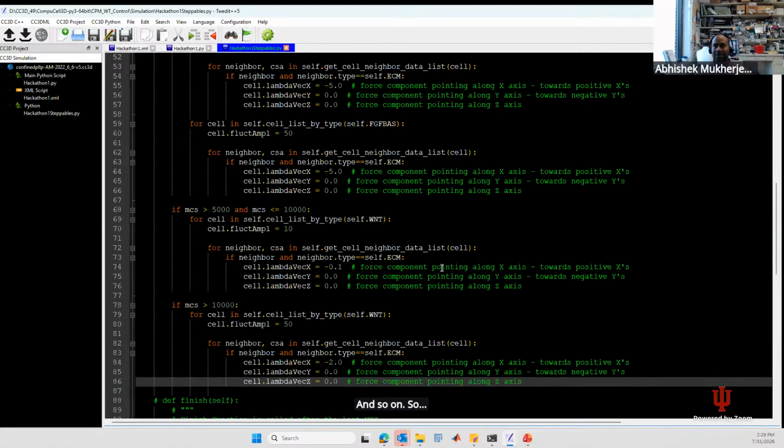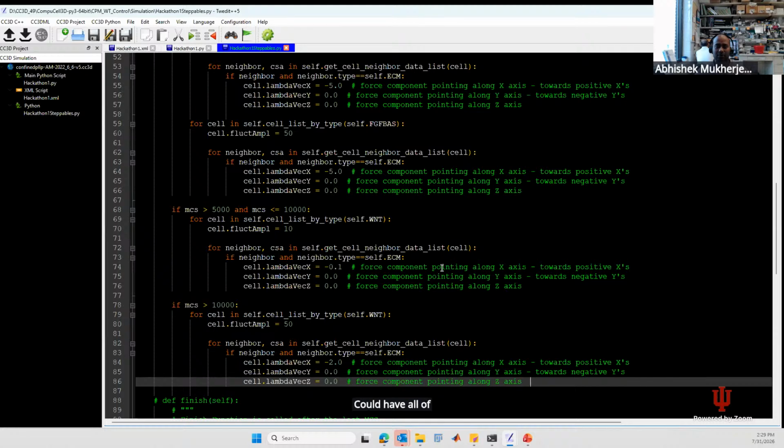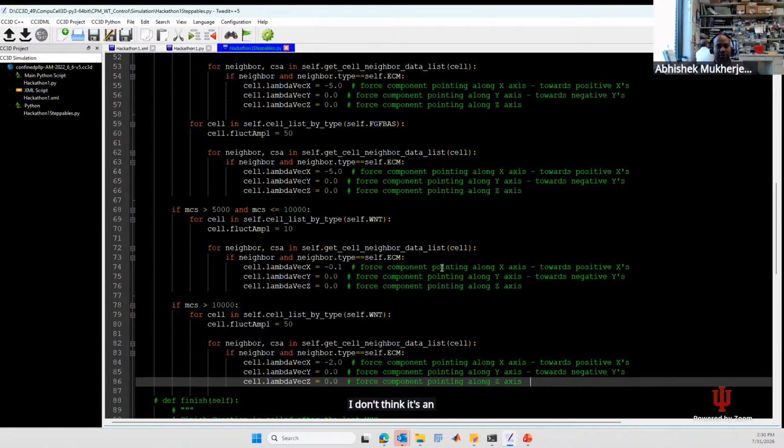Since there were a lot of cell types, that was particularly challenging to get just right. But I think with enough iterations, that should be doable. I don't think it's an impossible challenge.